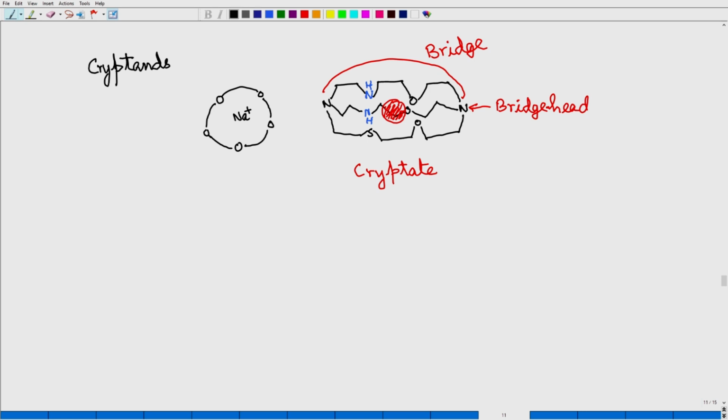Now, I can put bridgeheads as carbon. So, let me write some of these structures that I have written here. This was the first.